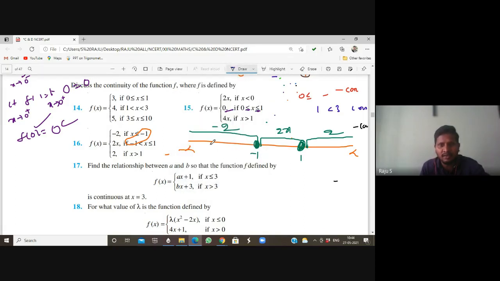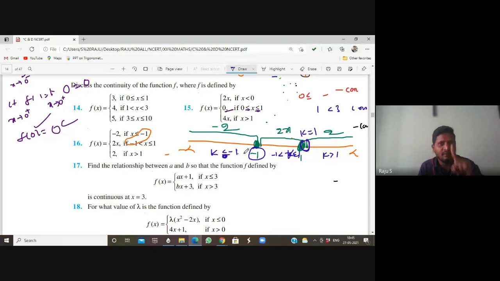First k lesser than -1, then k equal to -1, and k lies between -1 and 1, that is three cases. At k equal to exactly 1, the fourth case. K greater than 1, the fifth case. How many cases?